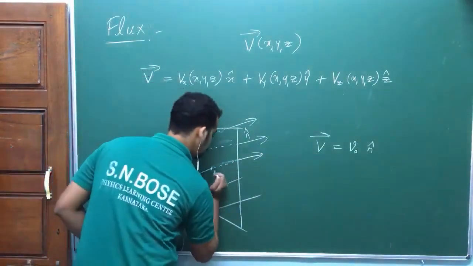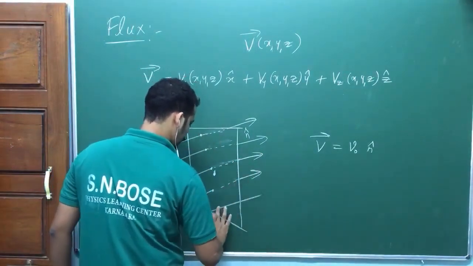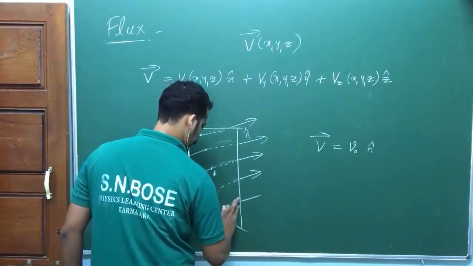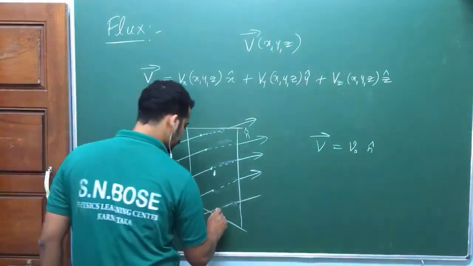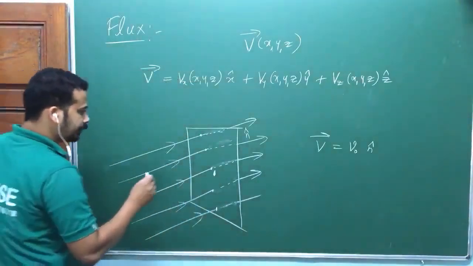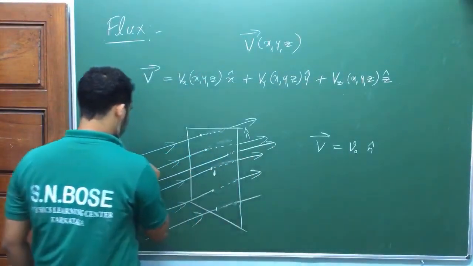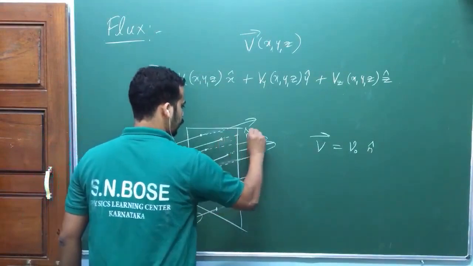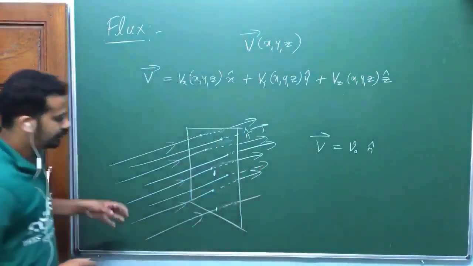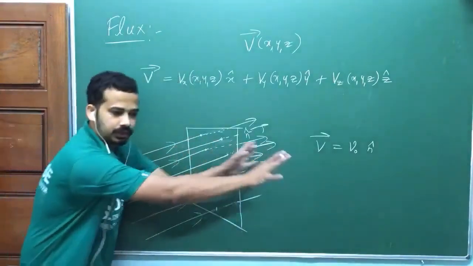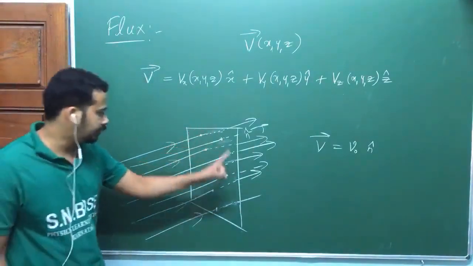Can you imagine that now? I hope it's better now. These field lines are piercing this surface. Let me draw it here. These field lines are passing through that area. So this is also an imaginary surface.